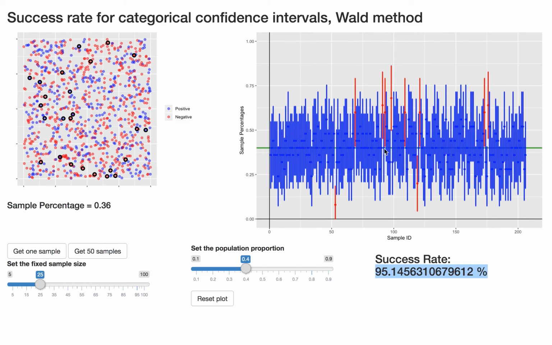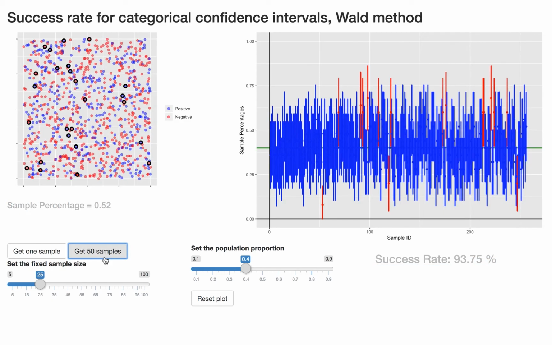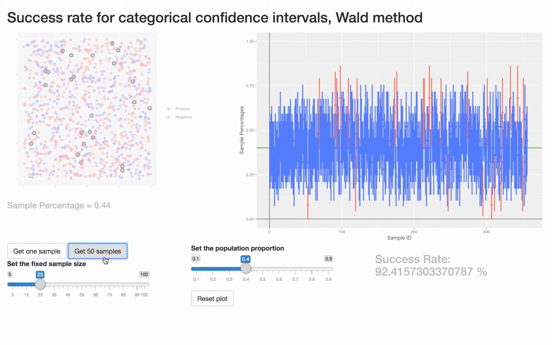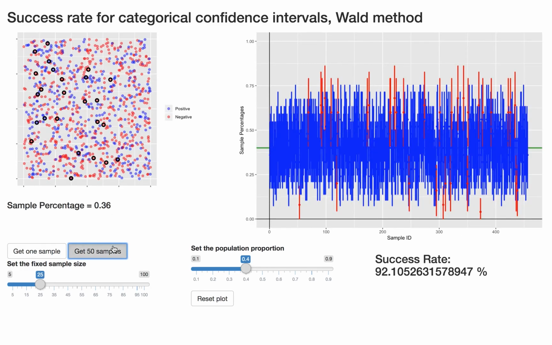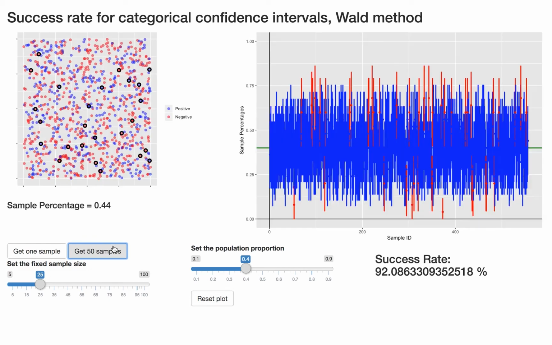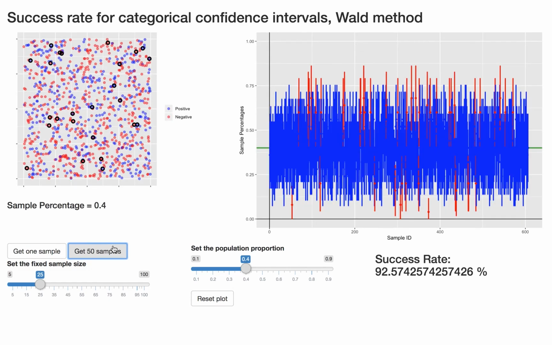And so essentially we can model our success rate by thinking about the long term: as we collect hundreds and thousands of different possible samples from the population, how many of them led to a successful confidence interval. And this success rate is what we start to call the confidence level for our confidence interval process. This is very similar to what we saw with our example with population mean estimates using a confidence interval.